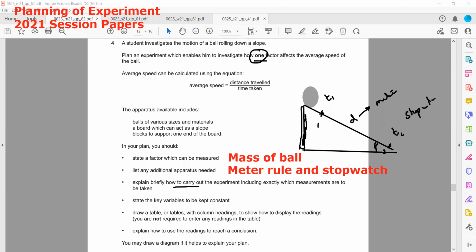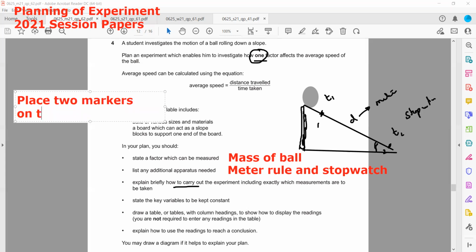So we will place two markers on the ramp.